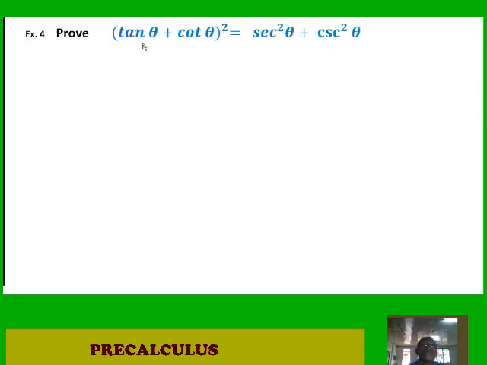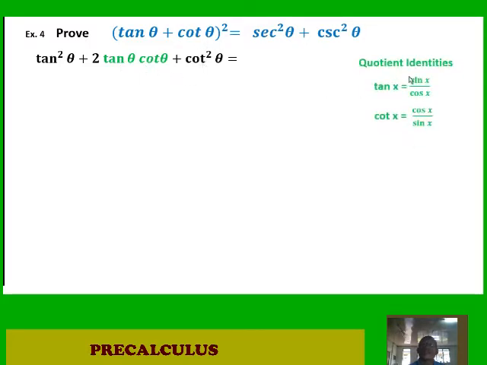Next, prove that quantity tangent theta plus cotangent theta squared is equal to secant squared theta plus cosecant squared theta. We may work out on the left side, squaring the binomial. So tangent squared theta plus 2 times tangent theta times cotangent theta plus the square of the second term, cotangent squared theta.